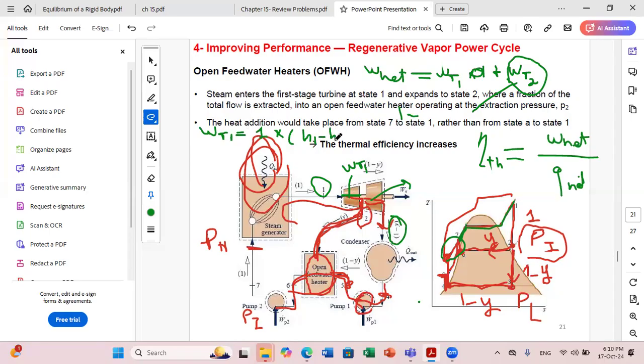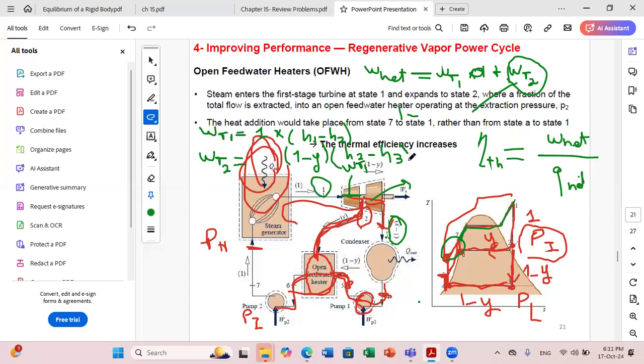But when I consider wT2, because I have a fraction of the mass flow rate, I can consider that I have 1 minus Y times the difference in enthalpy between points 2 and 3, so times h2 minus h3, okay? So pay attention to consider the mass fractions when you calculate wT1 and wT2.